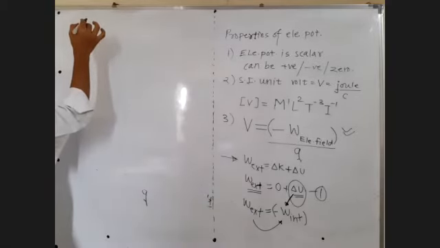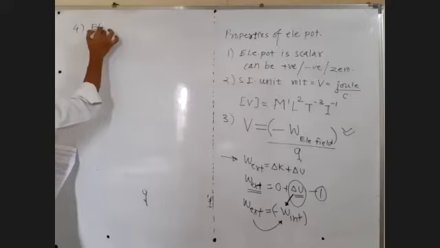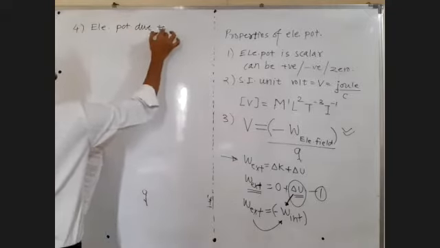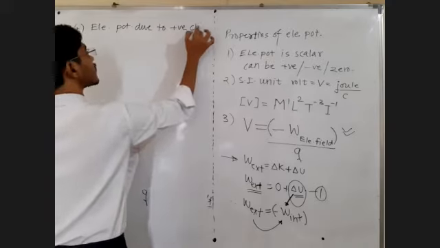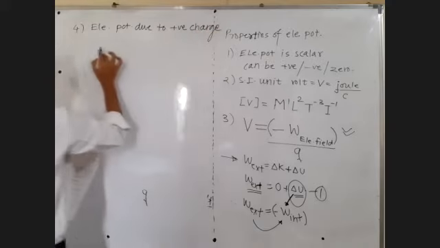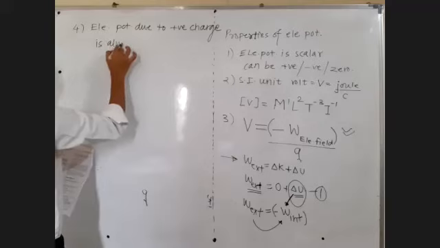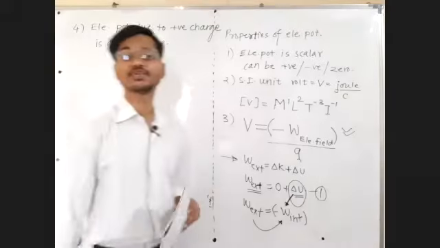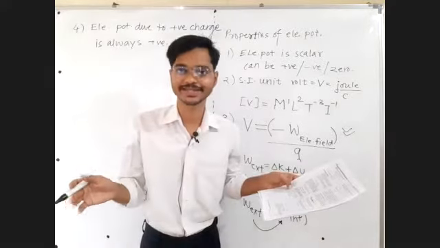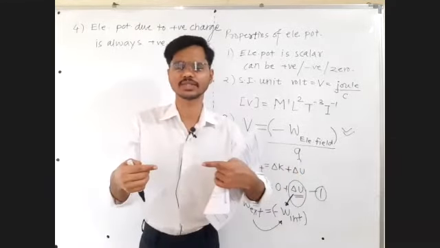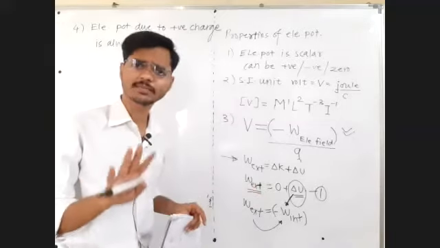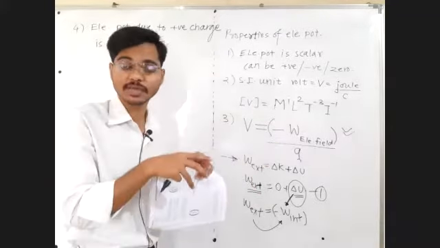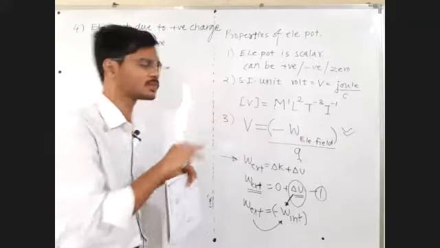Electric potential due to the positive charge is always positive. Just like electric field is always away from the positive charge, and electric field is always towards the negative charge, just like that, electric potential because of a positively charged system is positive, and electric potential because of a negatively charged system is negative.